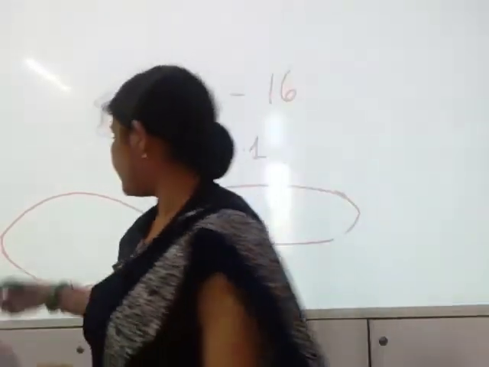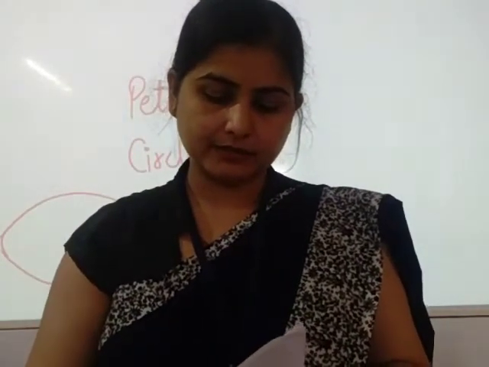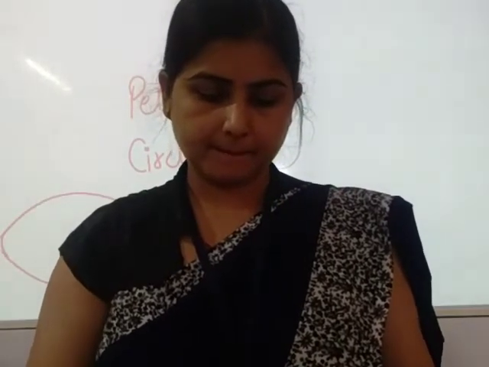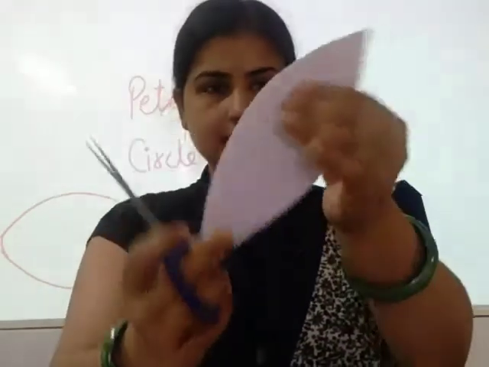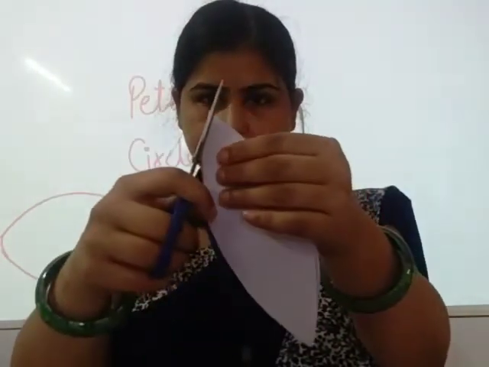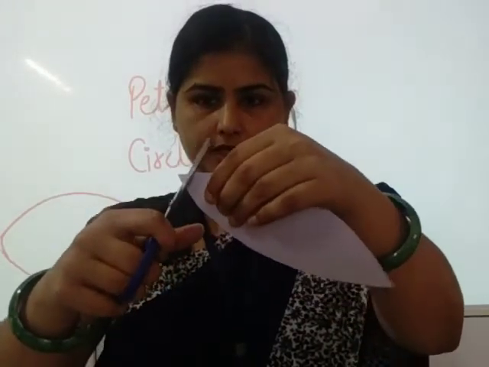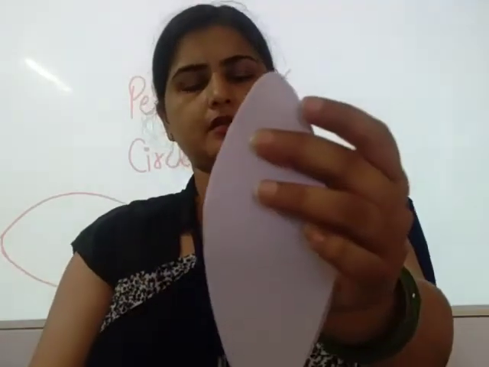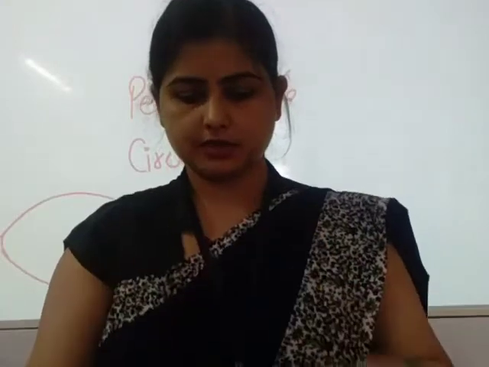That means ये जो pointed edge है उसको आपको circular बनाना है, so that it will look like a petal. Now see, my petals are cut. Now I am making them soft. I am giving them a circular edge like this. On one side only I have to do this.